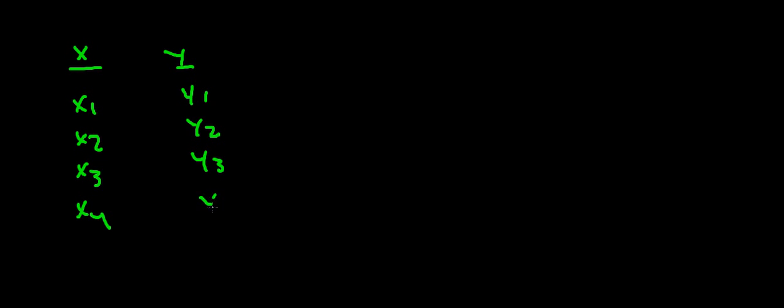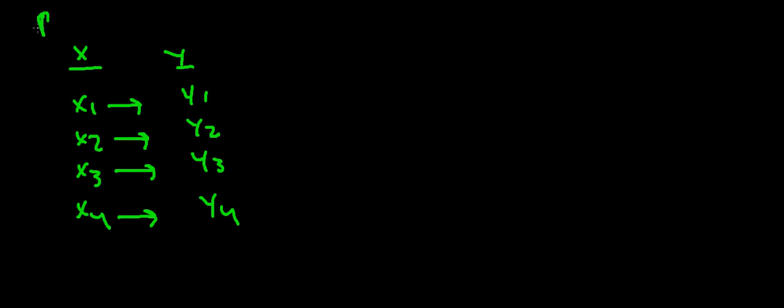So we have x's and y's. Let's say we have x1, x2, x3, x4, y1, y2, y3, y4. We'll say this x corresponds to that y, x2 corresponds to y2, x3 to y3, and x4 to y4.